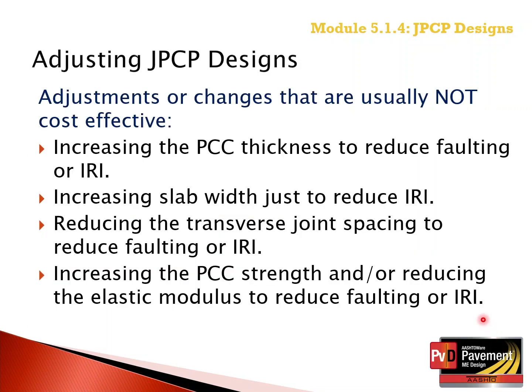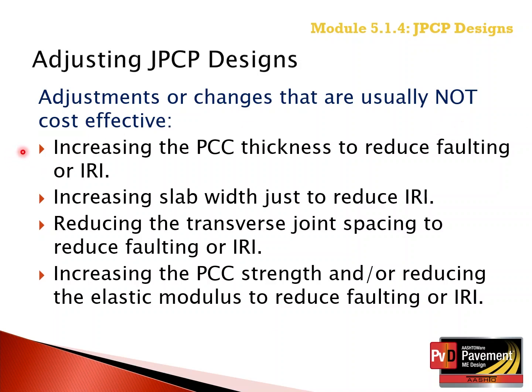The designer should not blindly select any JPCP design feature or input variable to try to reduce one of the distresses that did not meet the design criterion. Some adjustments that are usually not cost effective in reducing the distresses are listed on this slide.